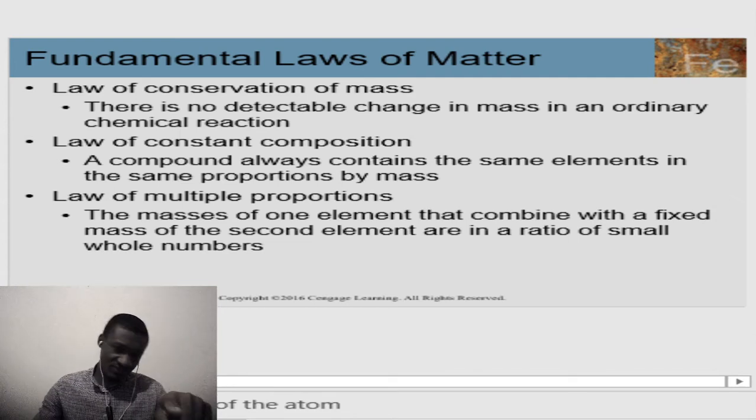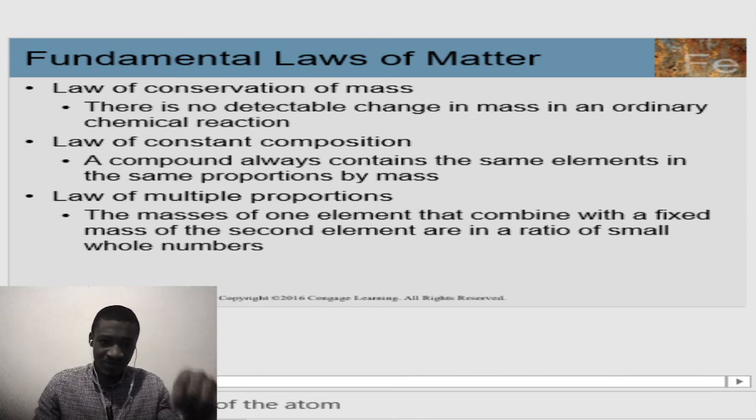So you have another law, the law of multiple proportions, very close to the first, but slightly different. It says that masses of one element that combine with a fixed mass of a second element are in the ratio of small whole numbers, not fractions.